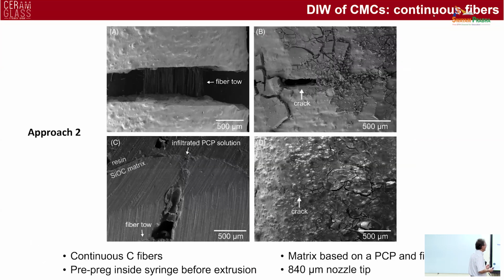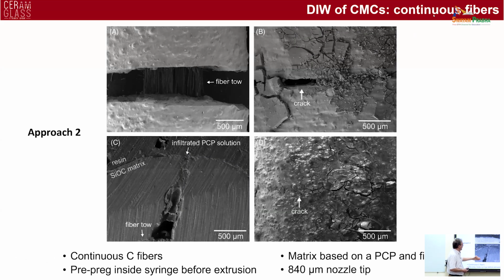Here you can see, well, the images are not really nice, but you can see again the filament with the matrix with the particles, and you can see here the fiber toe that is placed in the center of the filament. And we tried also to re-infiltrate. In this case, you can see a crack here. Down here is the fiber toe.